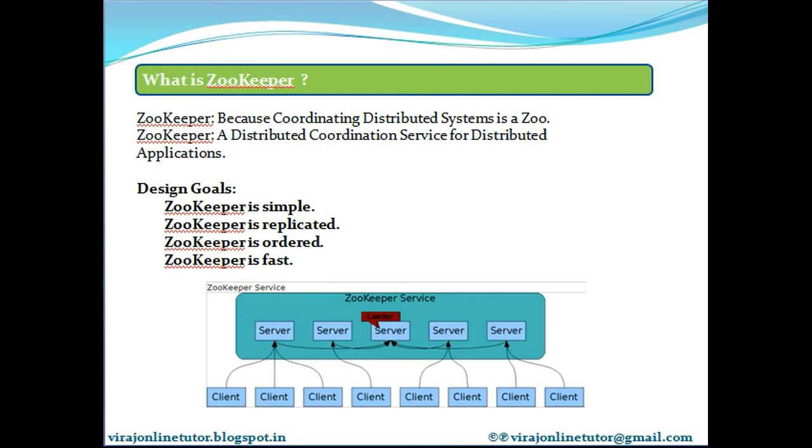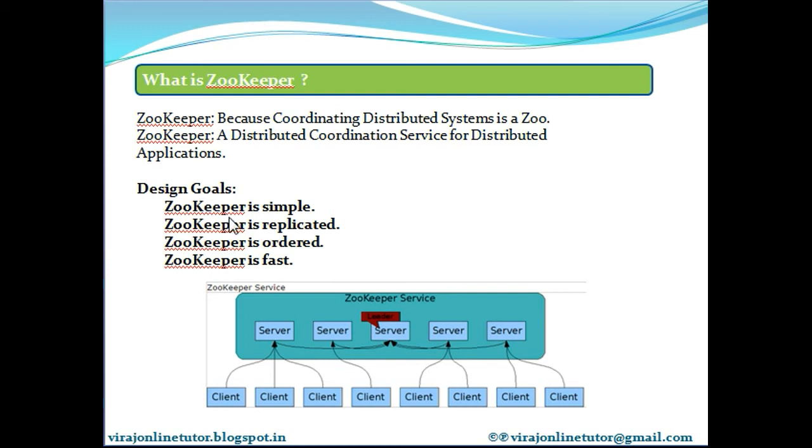Zookeeper gives you a fully ready coordination system, so that in the distributed applications we implement, we need not bother about coordination. So what are the important design goals of Zookeeper?